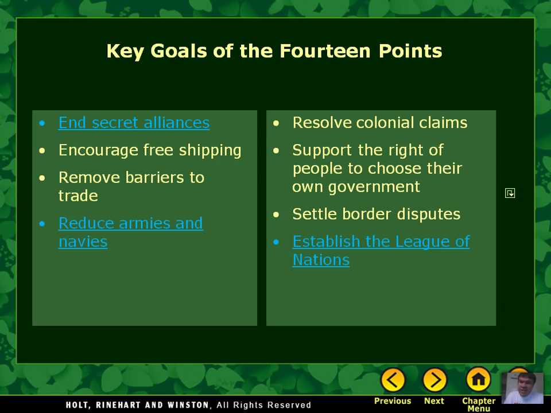Reducing armies and navies, that takes care of the militarism stuff. Resolving colonial claims deals with imperialism. Supporting the right of people to choose their own government, settling border disputes, and establishing what Woodrow Wilson called a League of Nations, a group of countries that would be together and prevent wars like the one that had just been fought from ever happening again.